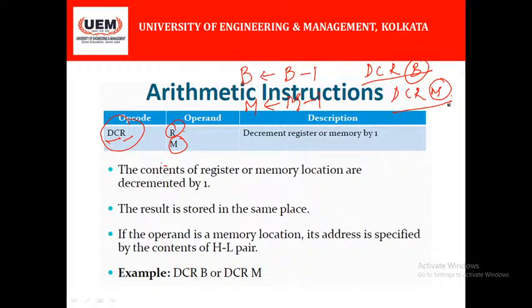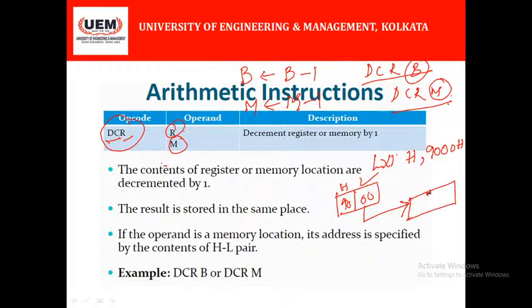But DCR M is a dependent instruction. So before executing DCR M, we have to initialize the value of M. Suppose the value of M is 9,000. So the HL register pair will be initialized to 9,000. H value is 90, L value is 00.